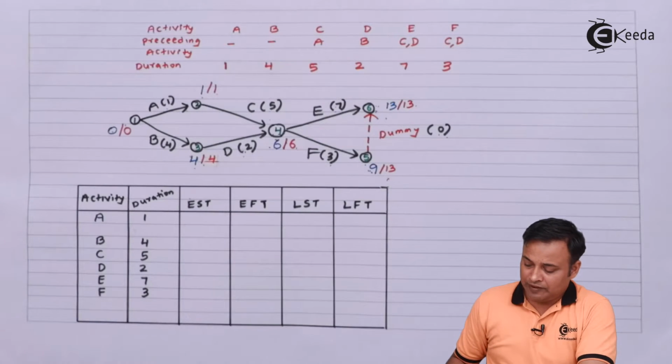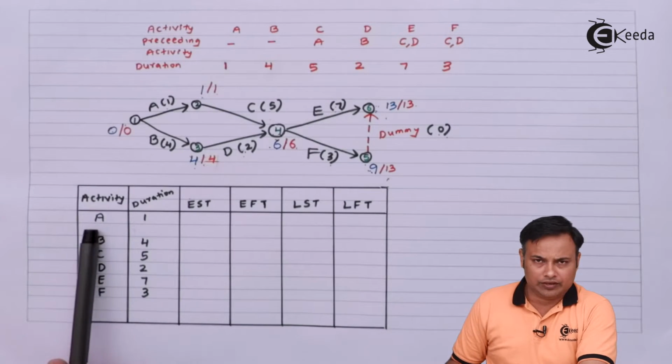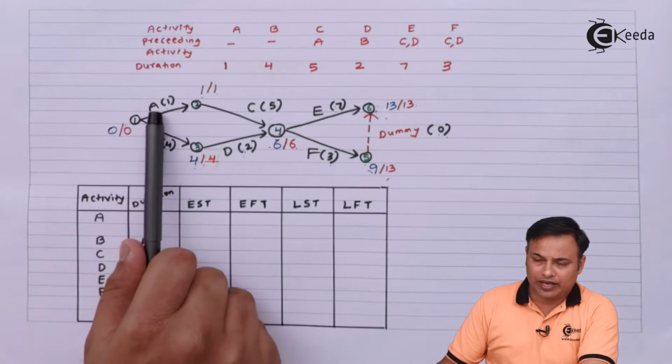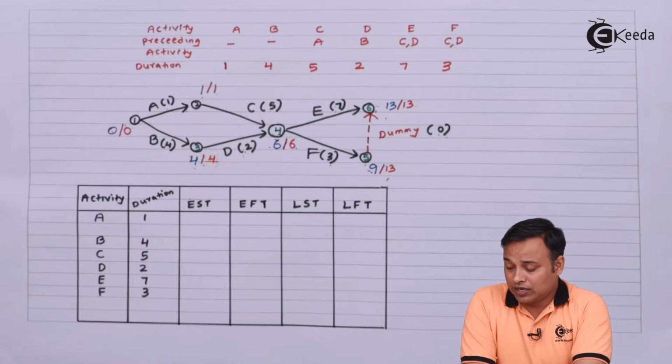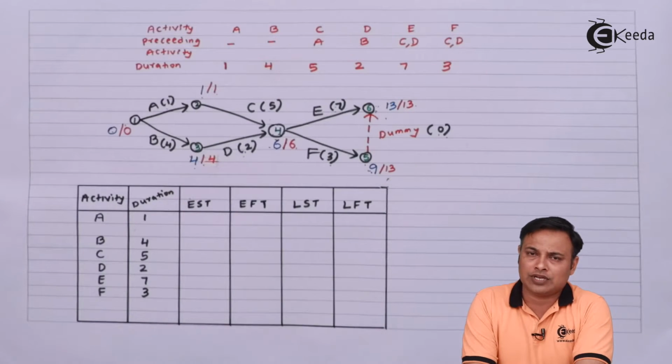For example, if I am talking about activity A, the blue color numbers are forward calculation numbers, whereas the red color numbers are the backward calculation numbers.